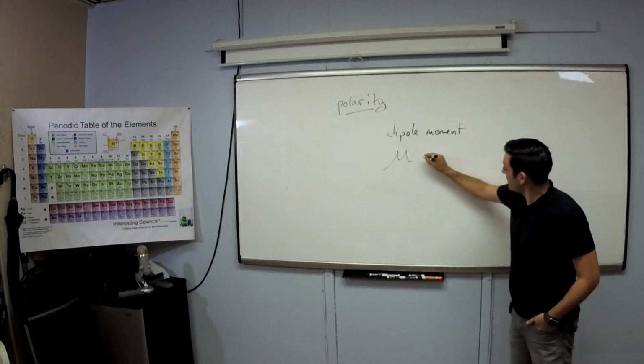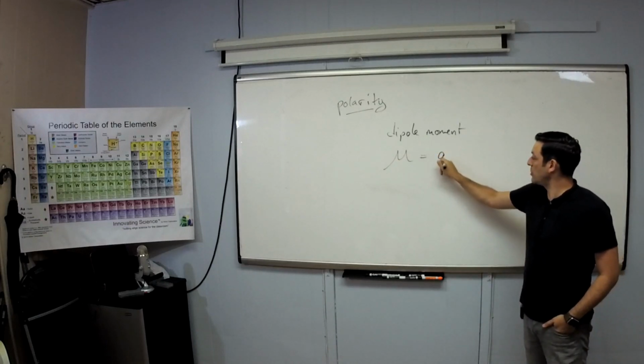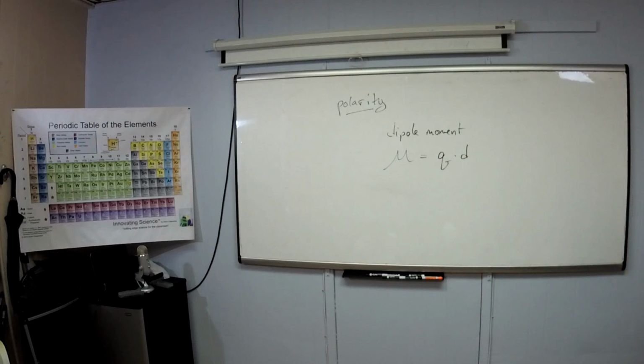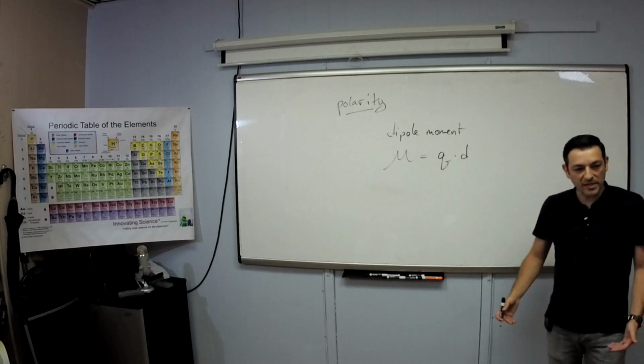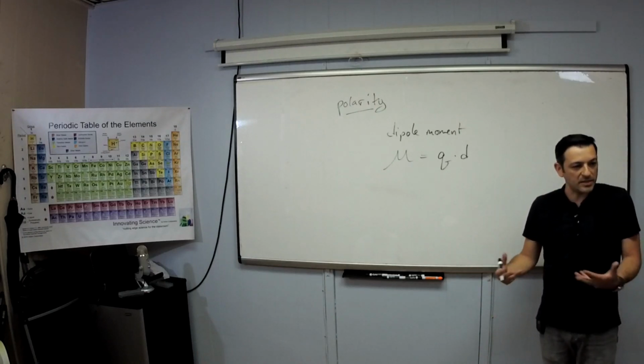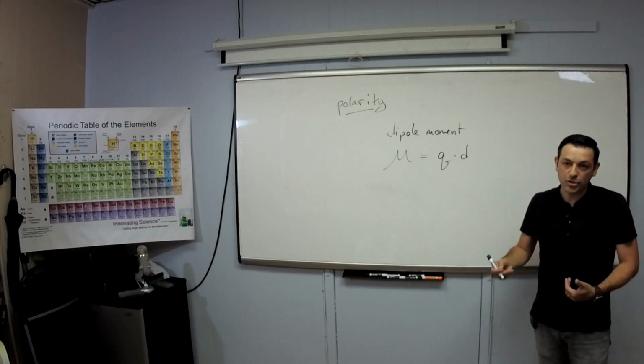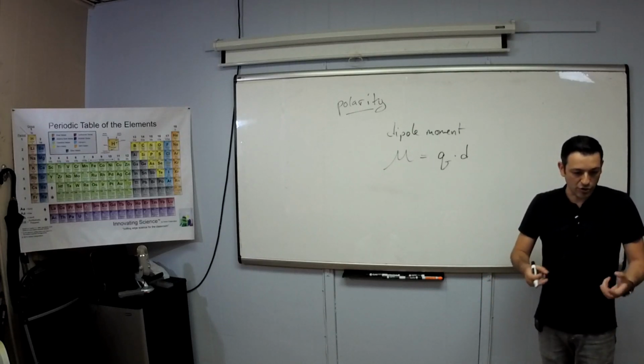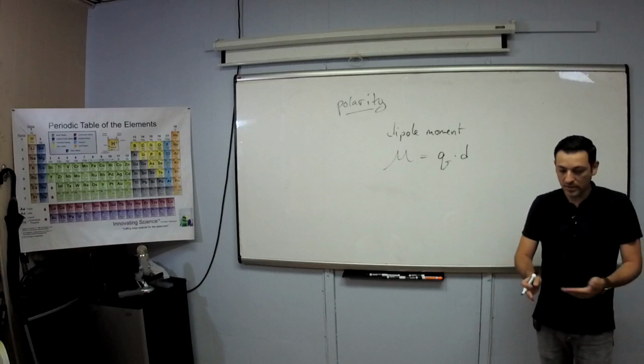The actual formula for dipole moment is Q multiplied by D, where Q is the charge and D is the distance. So basically, the easiest way I could say this in a sentence is that dipole moment is a charge separation, because it's a difference of charge over some difference of distance.